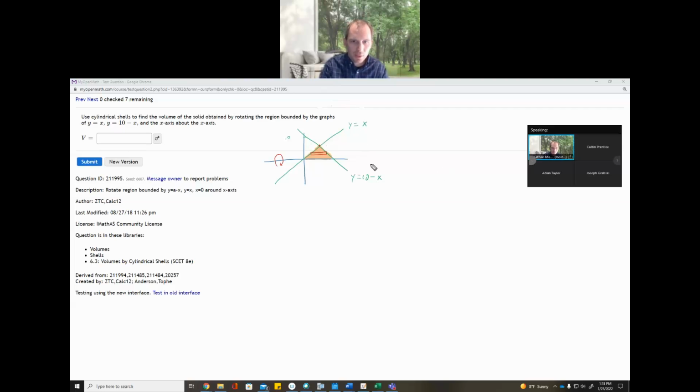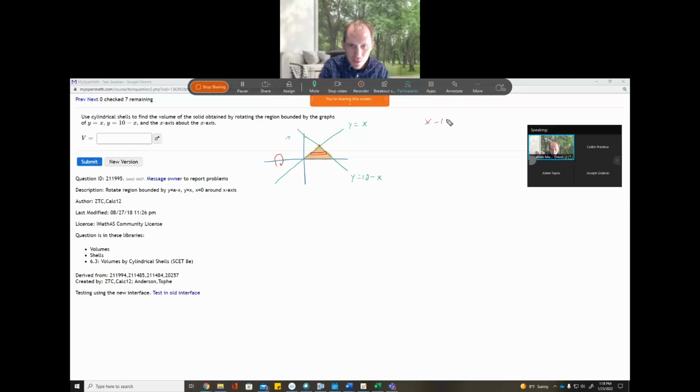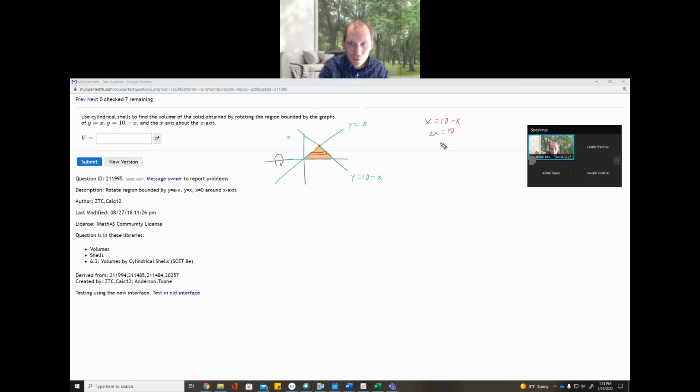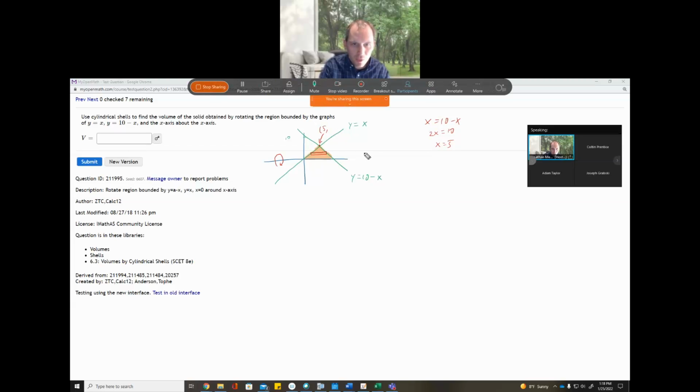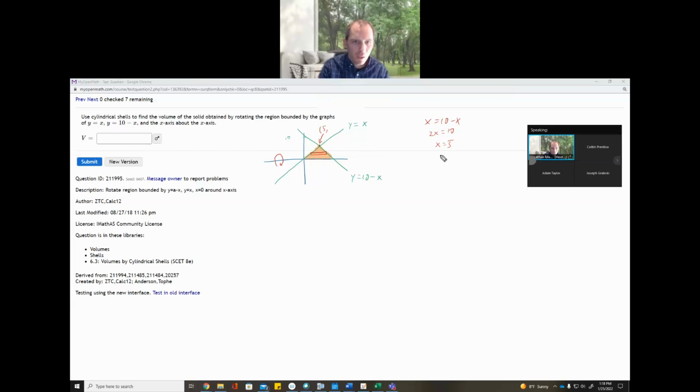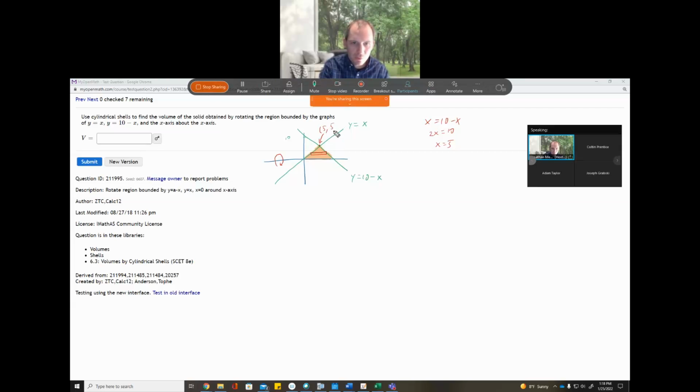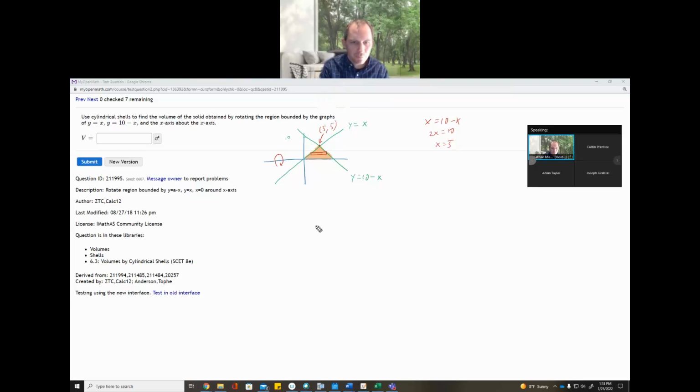So I'm just going to go ahead and set these two equal to each other. So x equals 10 minus x. So 2x equals 10, x equals 5. Okay. So this is the point 5 comma something. Because this line is y equals x, then if x is 5, y is also 5.